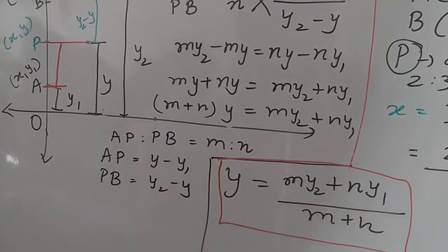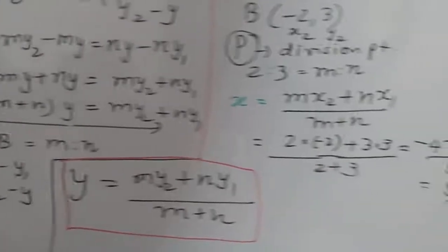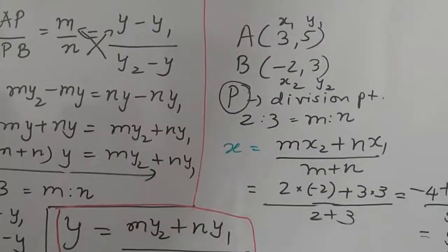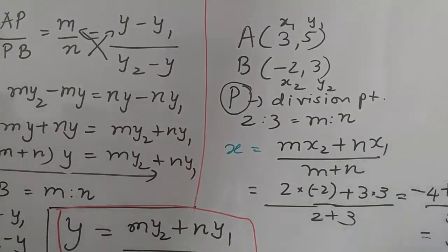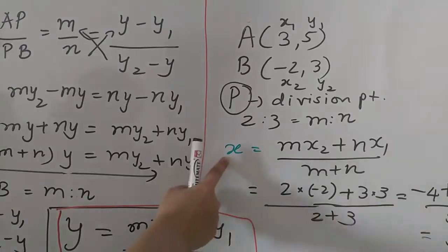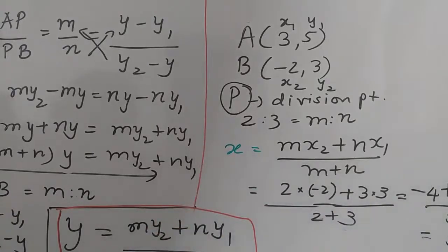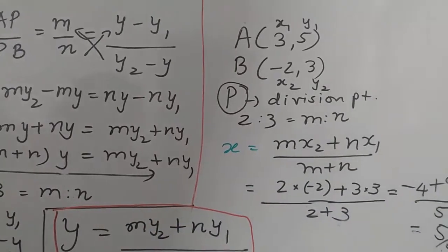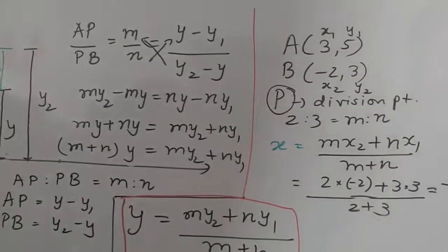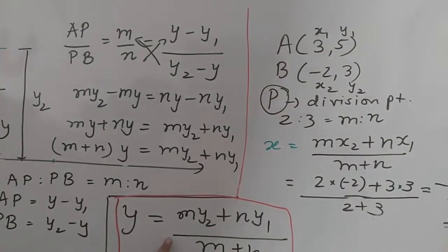Now students, here I gave you one example for the 2 points A and B. So here we have found the x coordinate, but if you want to find the y coordinate also, we have to use this formula which I have written here. You can see this formula, which we have to use to get our y coordinates. For that I am writing here y is equal to, the same formula I am using.